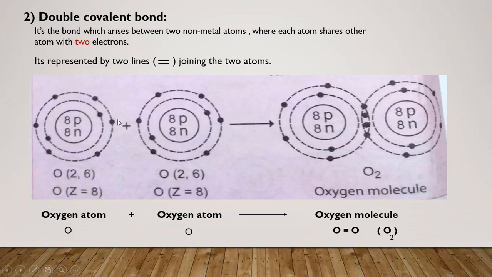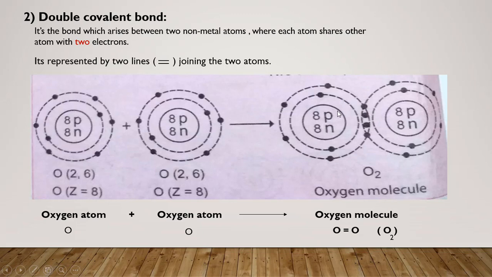The oxygen contains 6 electrons in the outermost energy level, and it needs 2 electrons to complete its outermost energy level. So each atom shares the other atom with 2 electrons. So we have here 2 electrons from each atom, so the outermost energy level is completely filled.